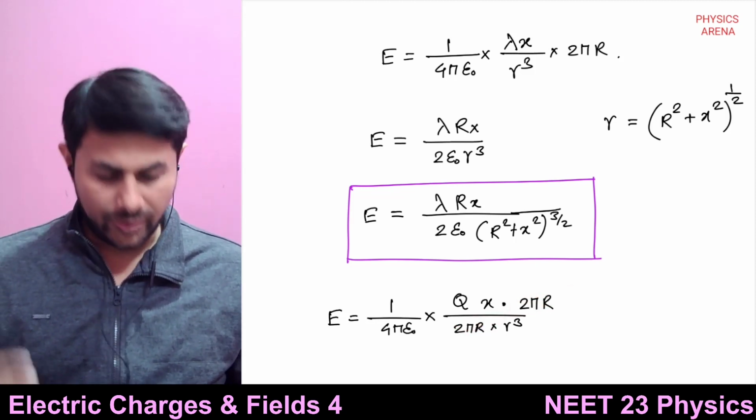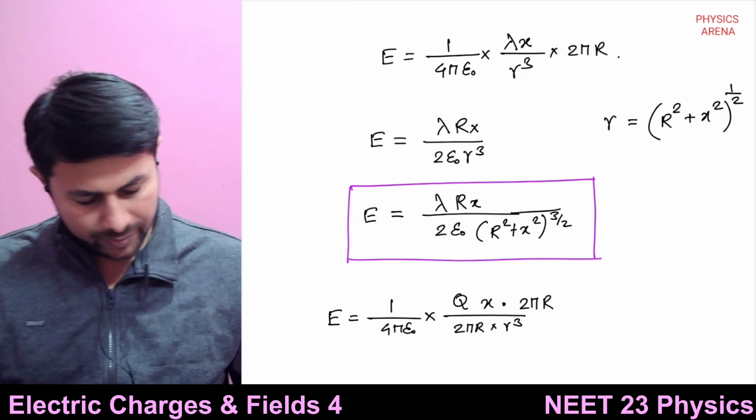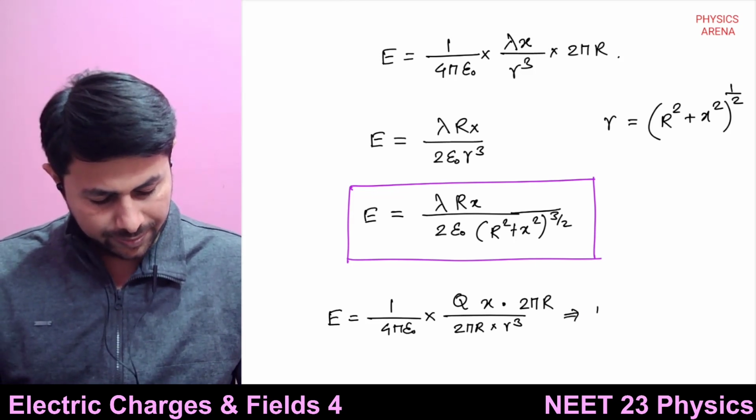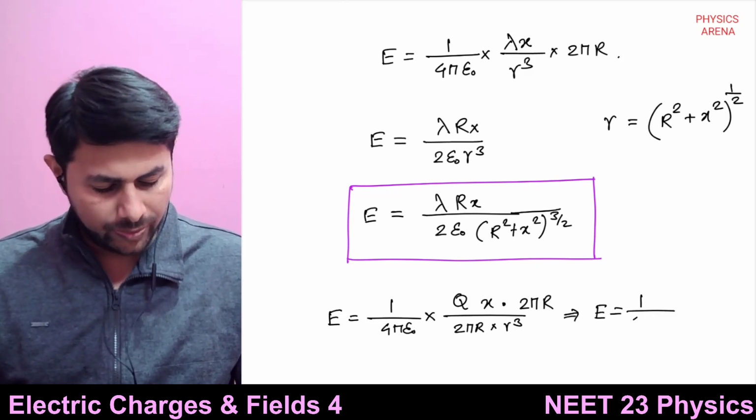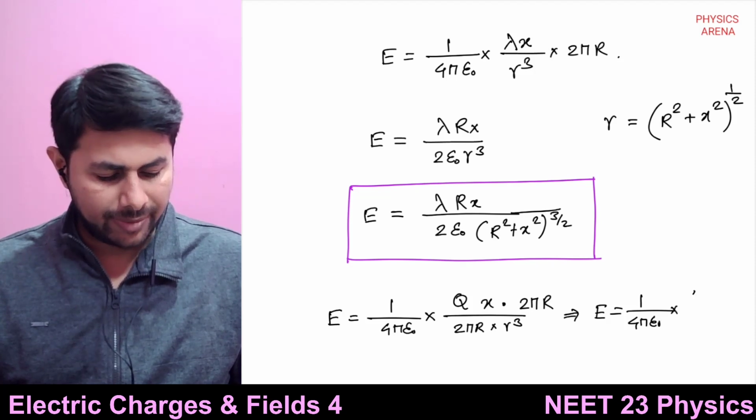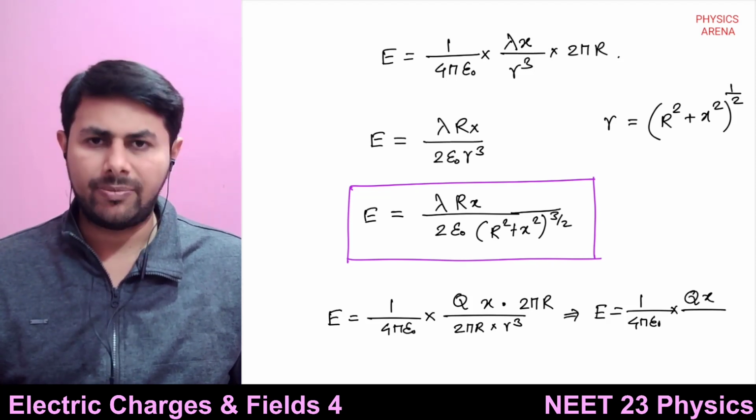So we get a formula which is simple to memorize. So E is equal to 1 upon 4 pi epsilon naught multiplied by qx divided by small r cube.